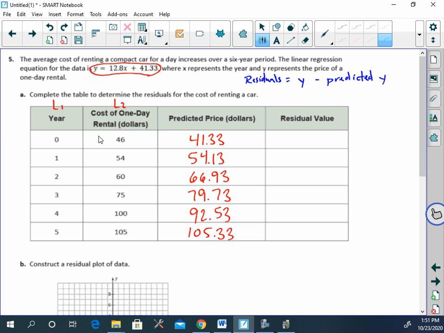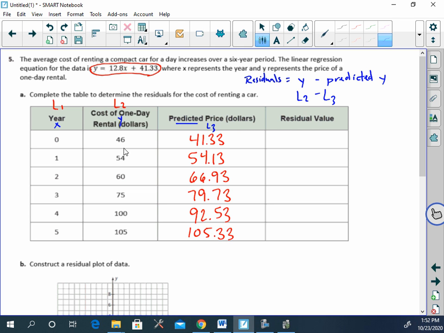So if you think here of where our y values are, these are my x's, and these ones here are my y's. So I want to take my y's, which are my L2, and then subtract the predicted y, which is right here. So this is my L3 in my calculator. So you can just do L2 minus L3 and it'll fill all of those in for you.